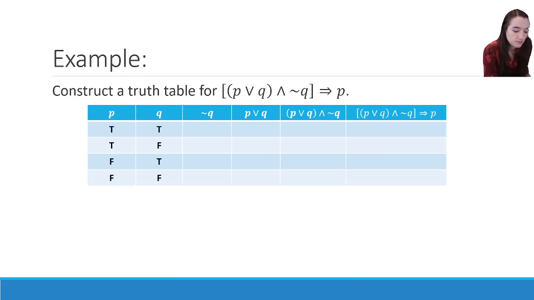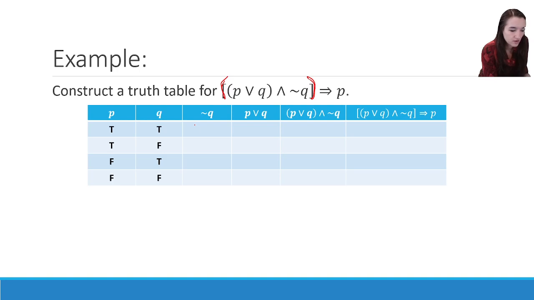Next, we have P or Q and negation of Q, all in parentheses. Yes, I'm using square brackets here, but that's just to make it more readable. You can think of these as larger parentheses. And then implies P. So this is another conditional statement, and we are going to work through it.